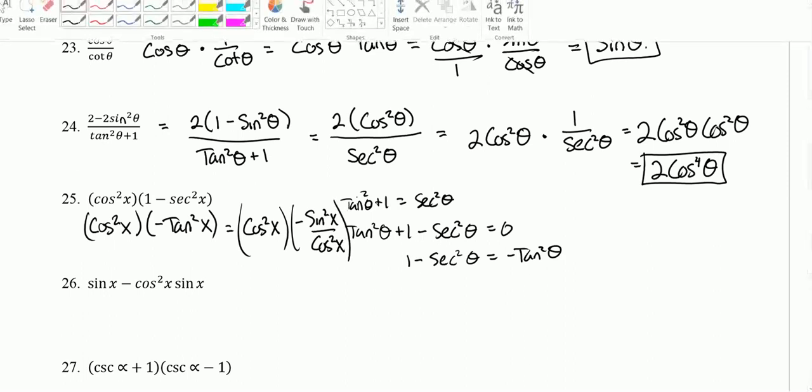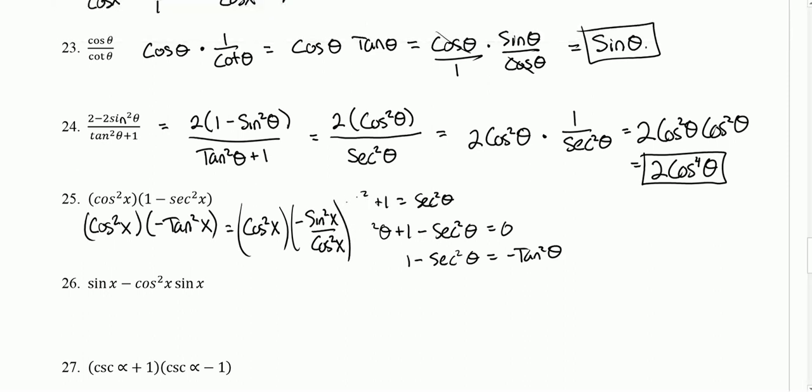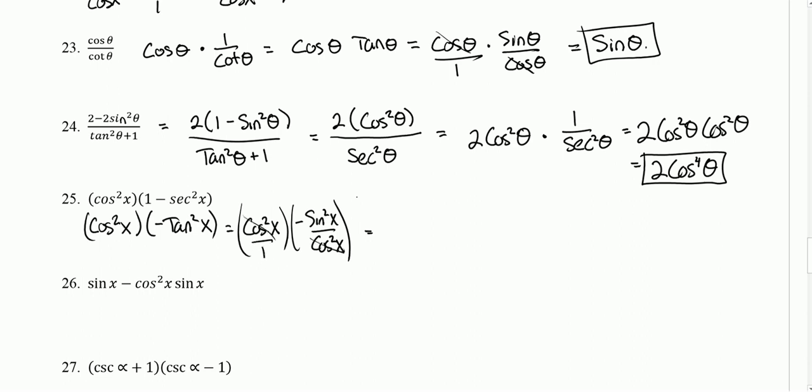Let me delete some of this to get some more room. And we end up with cosine squared x over 1, and the cosine squareds cancel out, and our answer is going to be negative sine squared x.